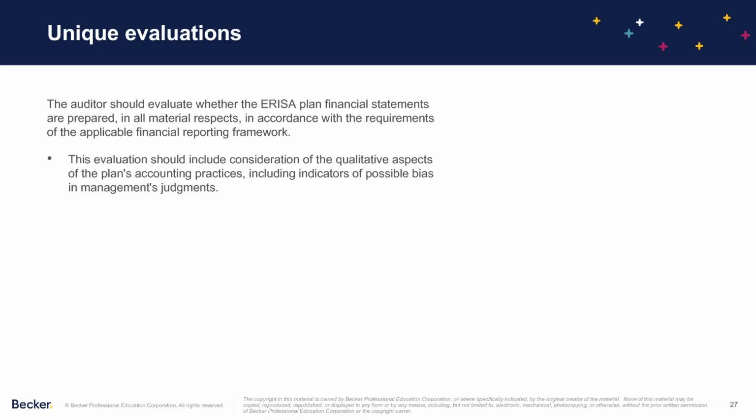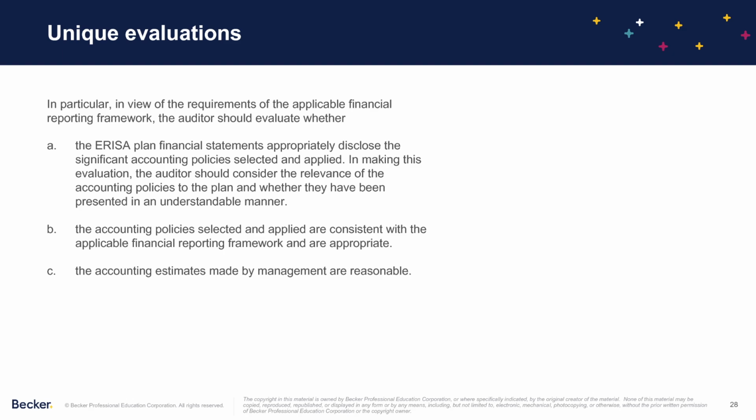Another unique evaluation listed in AUC Section 703, the review of the requirement of the applicable reporting framework, is that the auditor should evaluate whether, one, the ERISA plan financial statements appropriately disclose the significant accounting policies selected and applied.